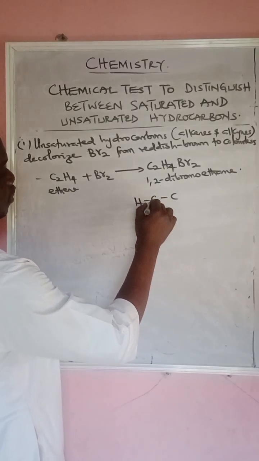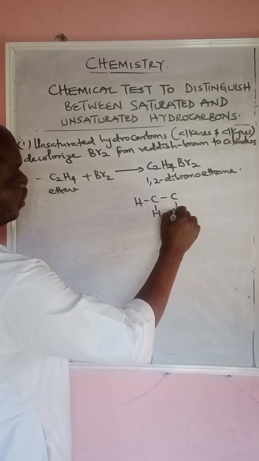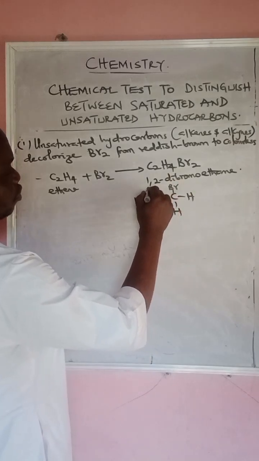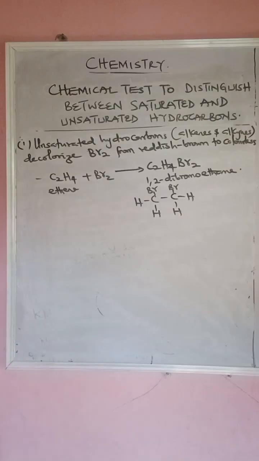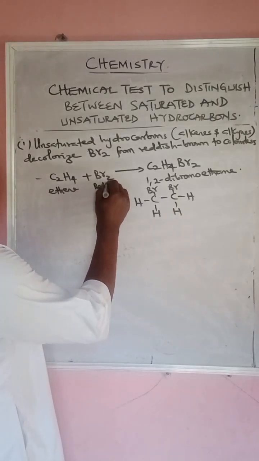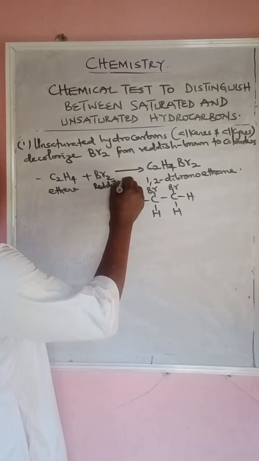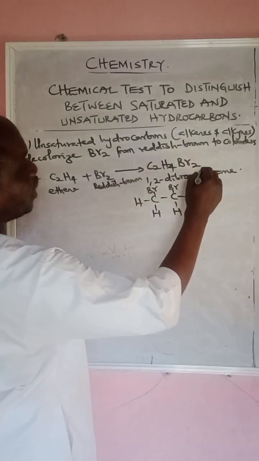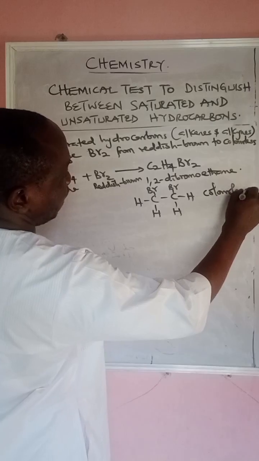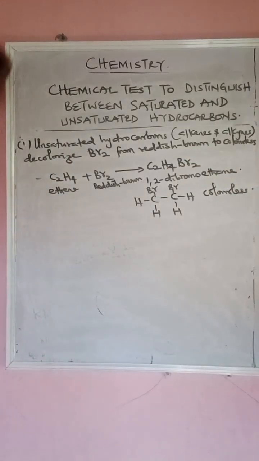You have hydrogen here, hydrogen here, hydrogen here, hydrogen here. So we have one bromine, another bromine here. So that's why 1,2-dibromoethane. So the color here is reddish brown. While the color here is colorless. Take note of that. That's what we are saying.